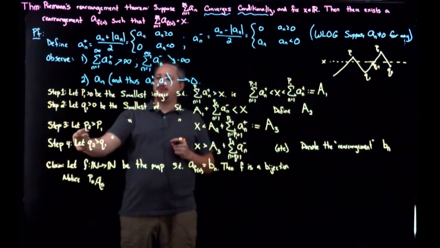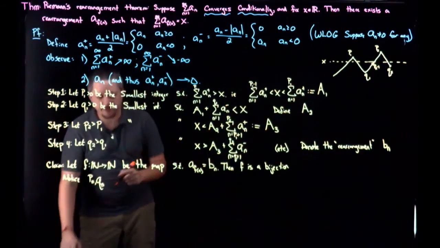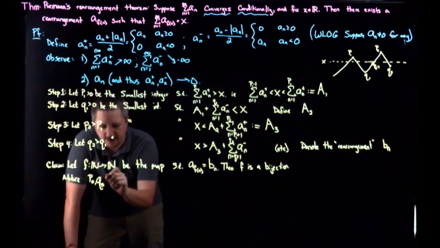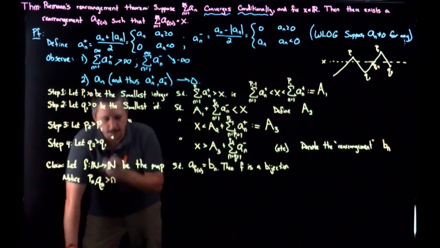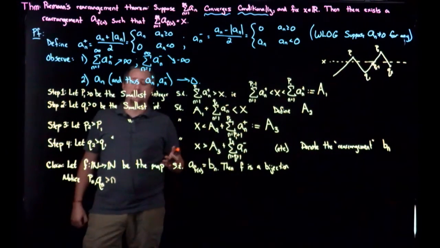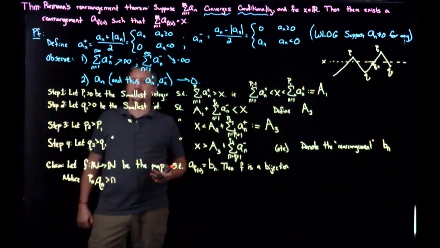But P2 and Q2 are strictly bigger than P1 and Q1. So if P1 and Q1 are at least 1, these are at least 1 bigger than that, so these are at least 2. In particular, for any given n, Pn and Qn are greater than or equal to n. Probably much greater at some point, but it is at least n for each of these, right?